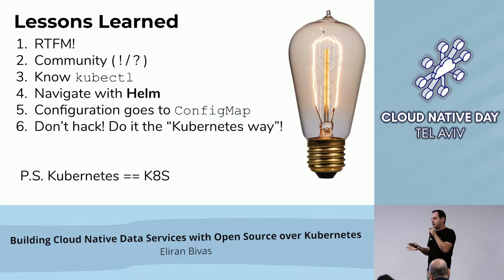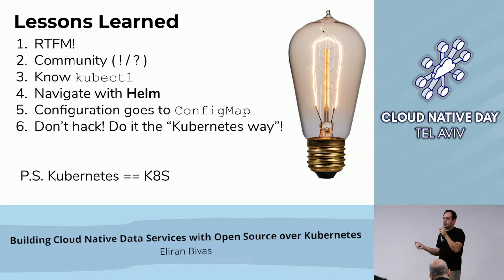Now, some lessons learned during the time of migrating our services to our cloud-native environment. First of all, you have to read the manual. If I had 6 items, all of them would be read the manual.